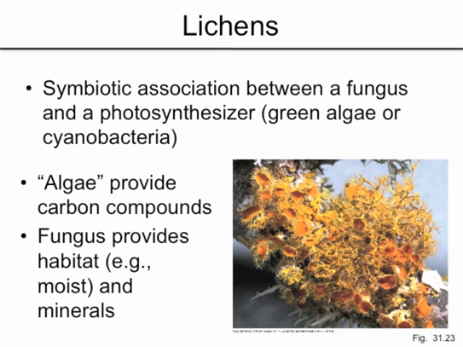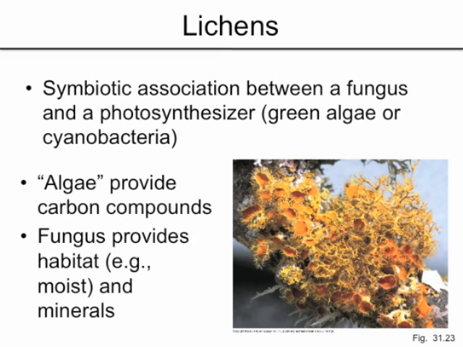So the bulk of the structure is fungus, and the color that you see is usually from the alga. They're actually very important to us because they are what are called primary colonizers, and we might get into this later on in the last few chapters of the class.